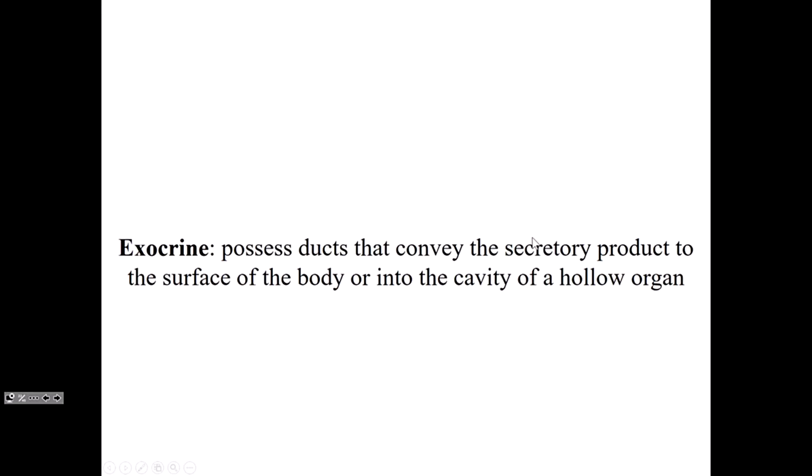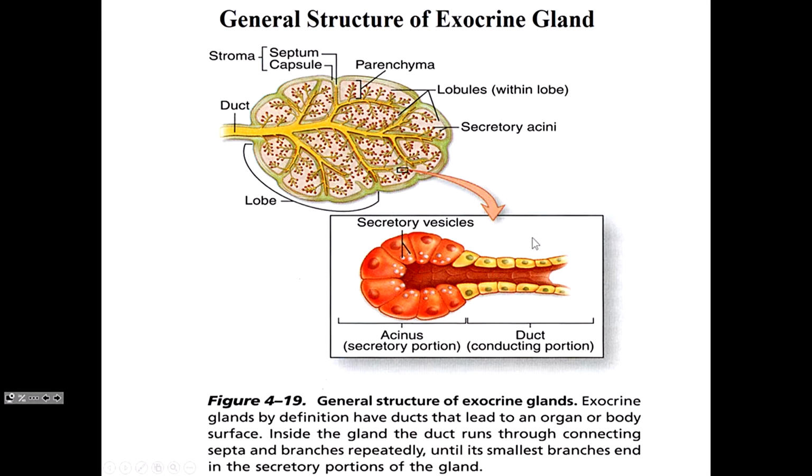Exocrine glands, on the other hand, possess both a duct and a secretory component. Okay, and again, these exocrine glands secrete onto the surface of the body or onto surfaces within the body. So here's a generalized exocrine gland.